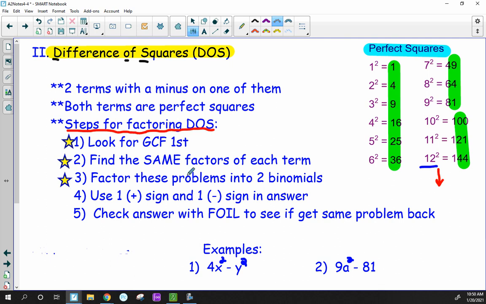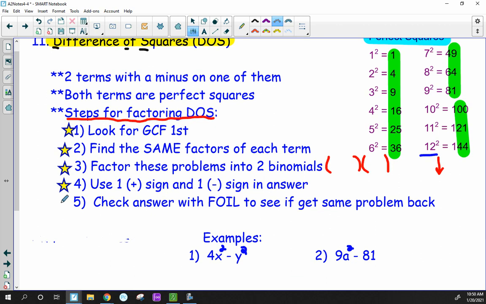Step 3, factor these problems into 2 binomials. So you will need to be writing down 2 big parentheses for your answers on these. Step 4, you are to use 1 plus sign and 1 minus sign in your answer.